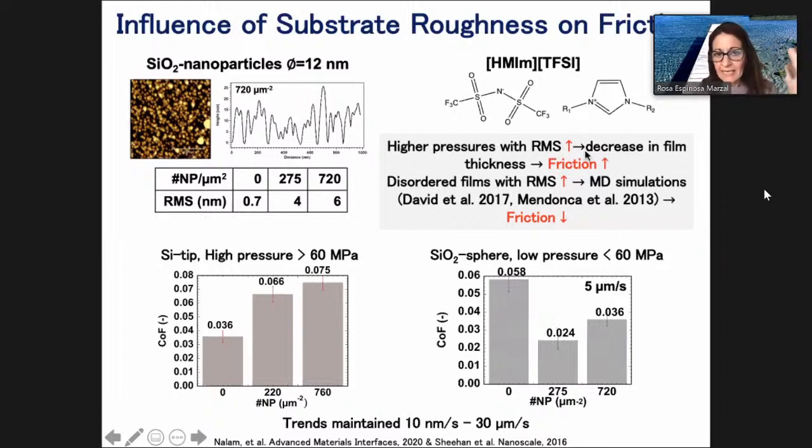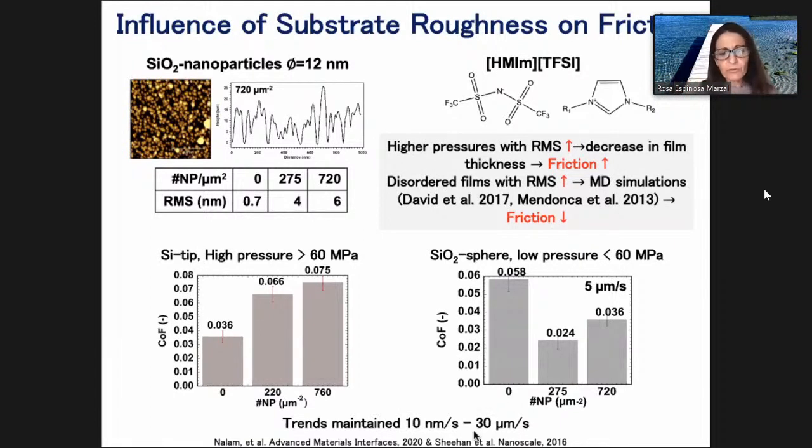Based on MD simulations, it's possible that the disordered films on the rough substrate, which we confirm in normal force measurements, are responsible for a decrease of friction. And this disorder essentially favors less the interactions between the ions at the slip plane.